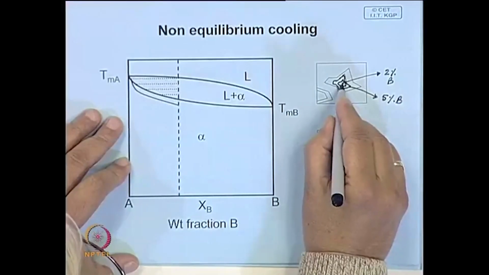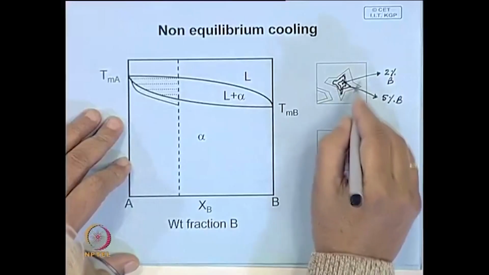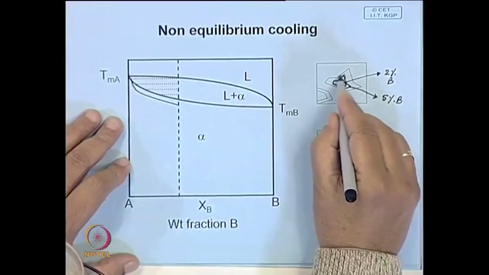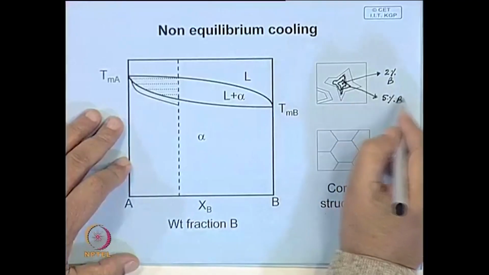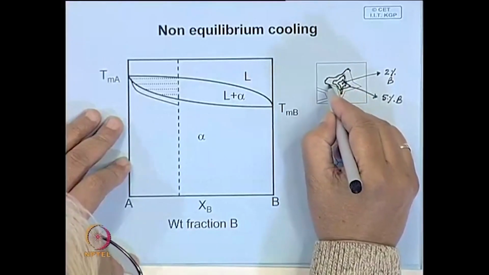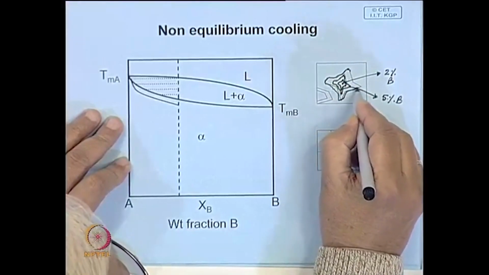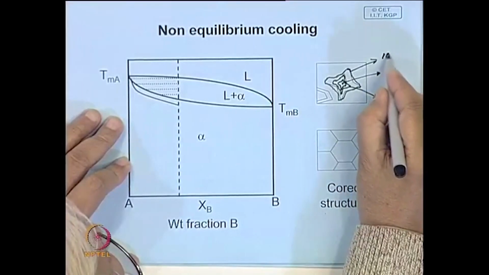In that case, we can see that as the crystal grows, the next solid is surrounded by solutions which are richer in B, and the next layer will be even richer in B. So, let us say this is 10%.